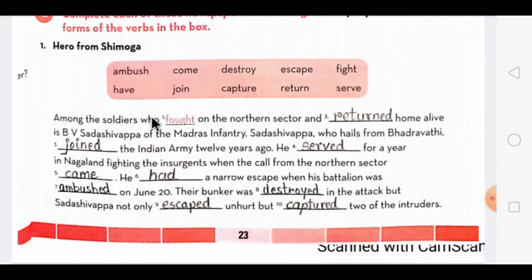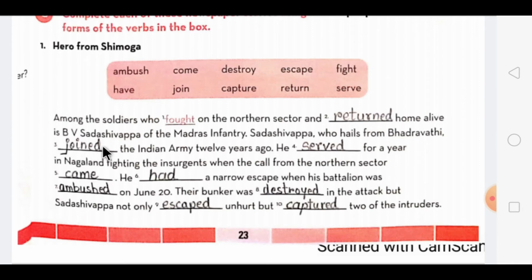Among the soldiers who fought on the northern sector and returned home alive is B.V. Sadashivappa of the Madras Infantry. Sadashivappa, who hails from Bhadravati, joined the Indian Army 12 years ago. He served for a year in Nagaland fighting the insurgents when the call from the southern sector came.